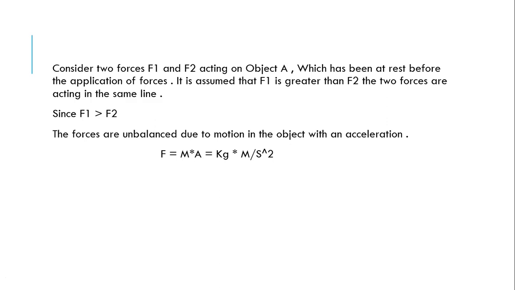Thereby, the application of force makes the body move with a forward acceleration. This is the mathematical equation which defines Newton's second law of motion: F is equal to m into a, where m is the mass of the body and a is the acceleration. The corresponding units and dimensions are given here.